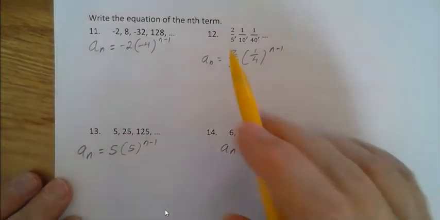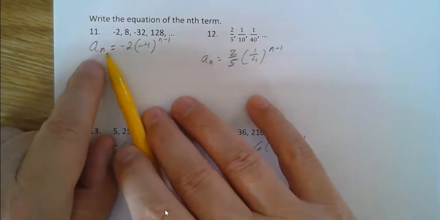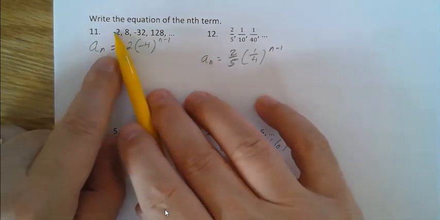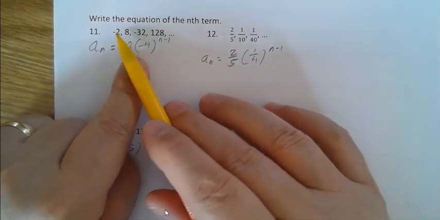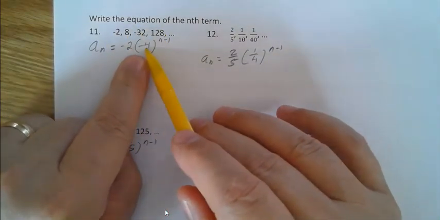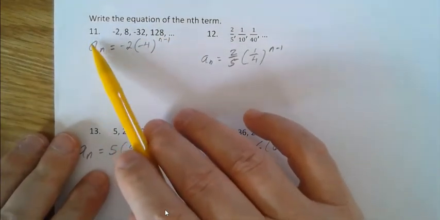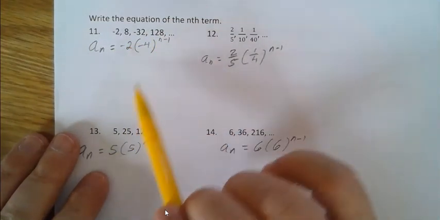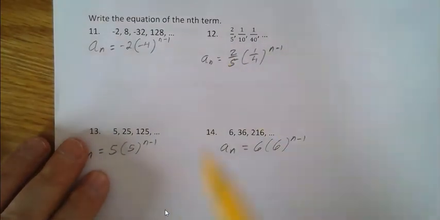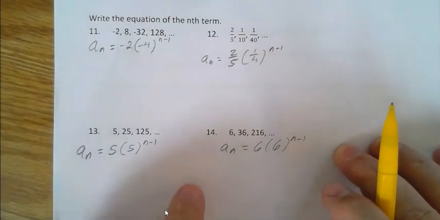To write out the equation for the nth term, it'll be a sub n, because it's the nth term, is equal to the first term times our common ratio, and our common ratio here as we go across is -4, multiplying by -4, and then n minus 1. So this will be a sub n equals -2 times -4 to the n minus 1. Now, if somebody comes back and asks you what the 12th term is, you could go in here and figure out the 12th term for that sequence.